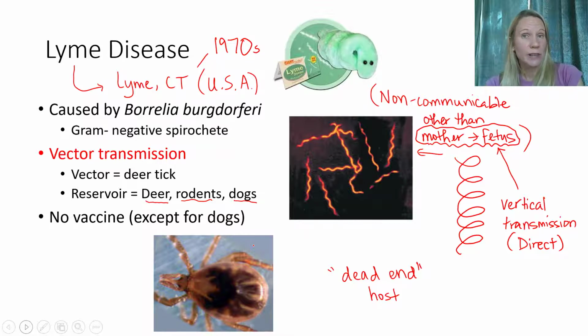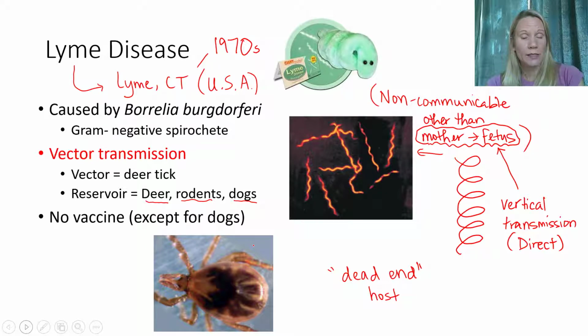Now there are different species of Borrelia that reside in other countries. So they're sort of their own Lyme disease version in Asia and in Europe, different species of Borrelia and different species of ticks. So just so you're aware there.